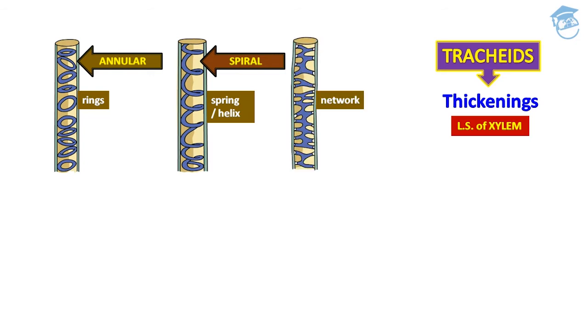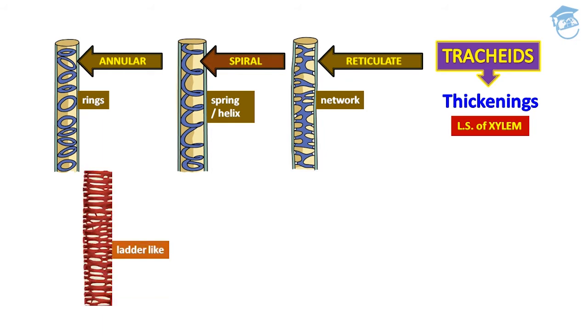Then comes reticulate thickening, wherein lignin forms a mesh-like network, and this is ladder-like, which is called scalariform, wherein lignin is arranged in the form of a ladder.